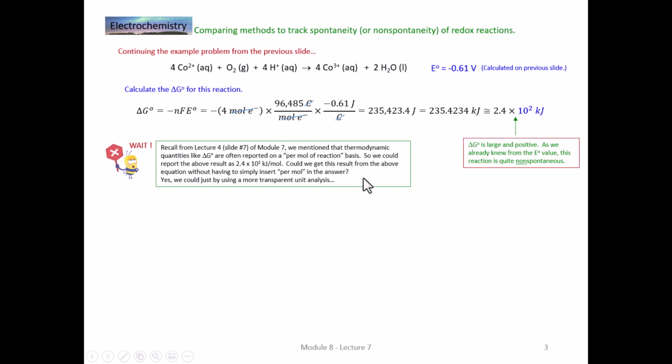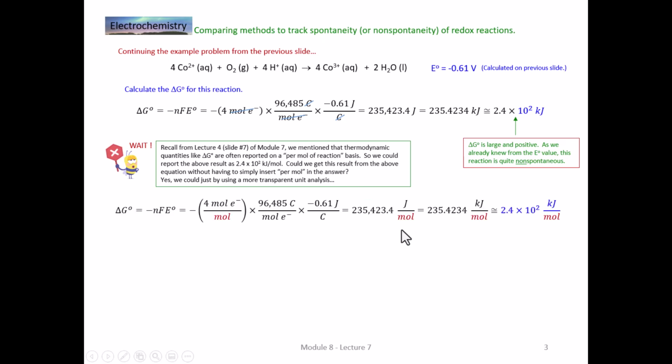And I just want to point out that yes, we can if we're a little bit more honest about the unit analysis here. So let me show you what I mean. You'll notice I'm rewriting our calculation for delta G down here. And what I've added is that, to be honest, the 4 moles of electrons is the number of moles of electrons transferred per mole of reaction.